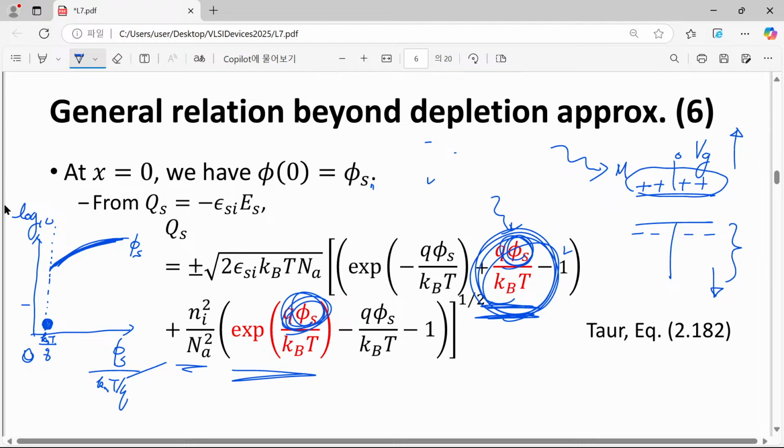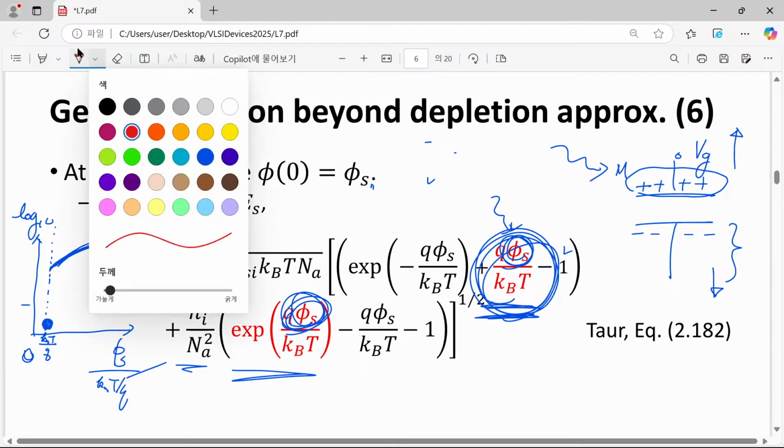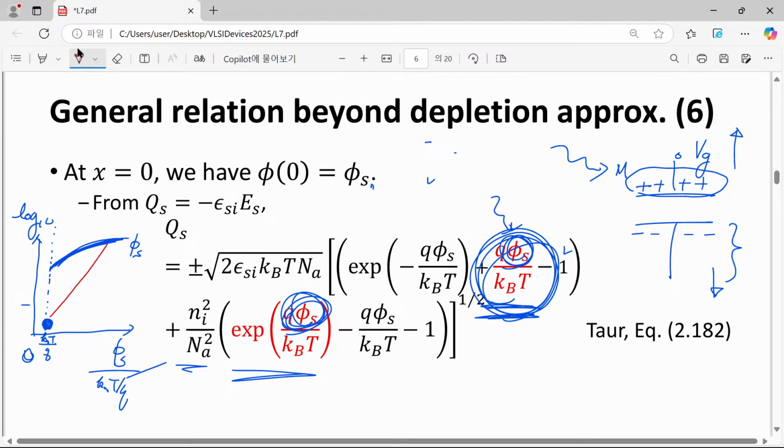However, since it is exponential, when we draw it in semi-logarithmic scale, we find it has exponential increase, and eventually this linear term will be matched by the exponential term, and beyond this point the dominant term becomes the exponential one. So simply speaking, we have two different mechanisms, 1 and 2.